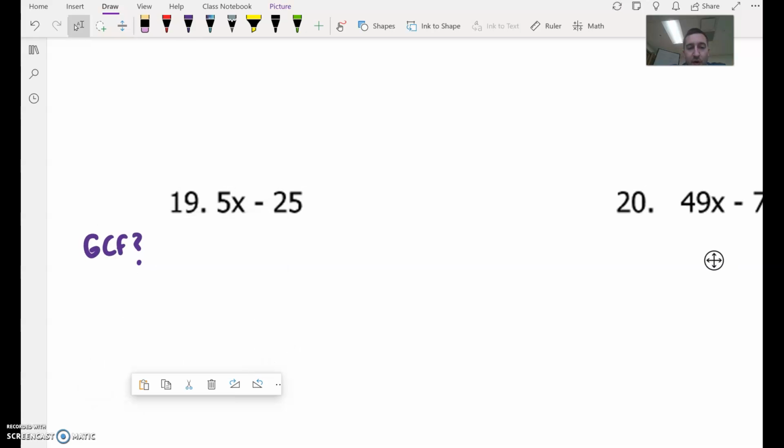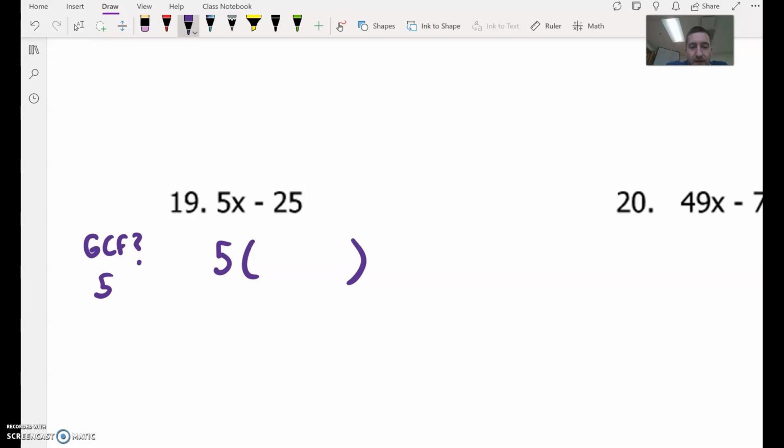There is something that can go into both 5x and 25, and that is 5. So once you've identified a GCF, you pull it out. What that means is I write it outside of the parentheses. And then I have to fill in something here, then my subtraction symbol, and something there.